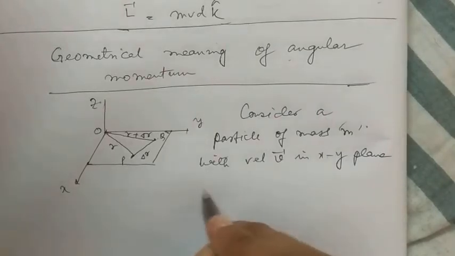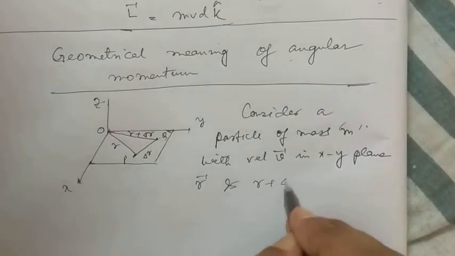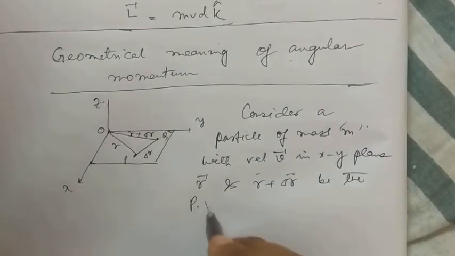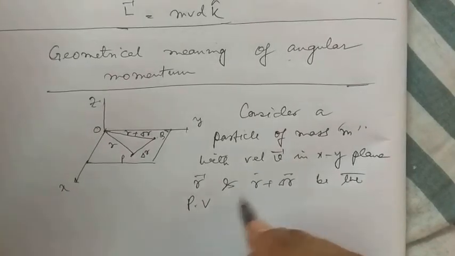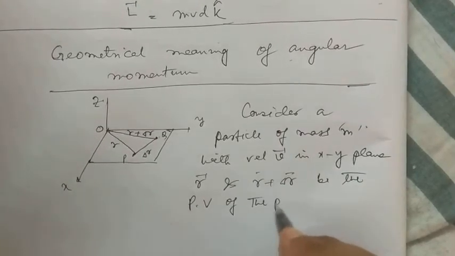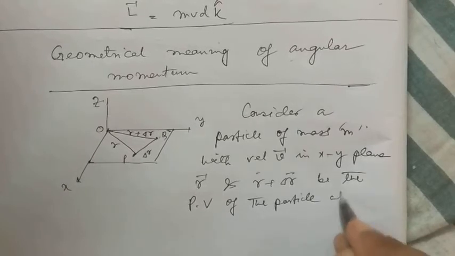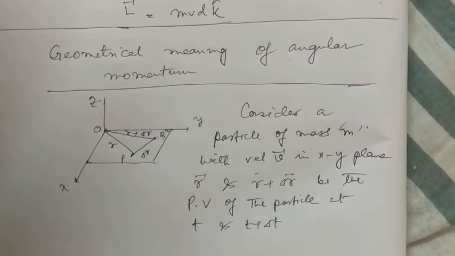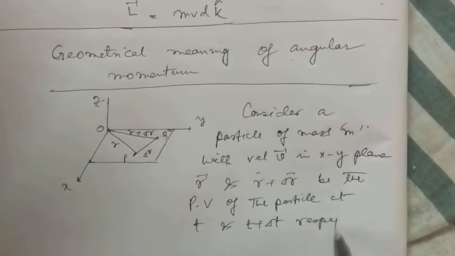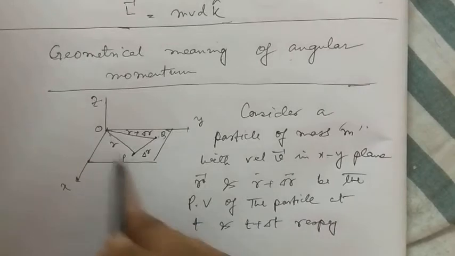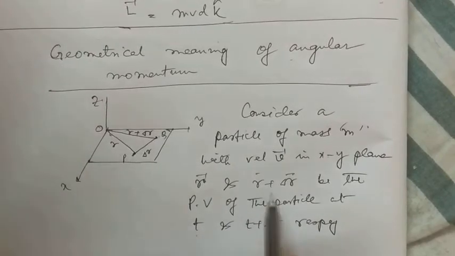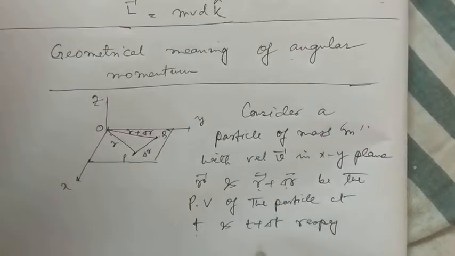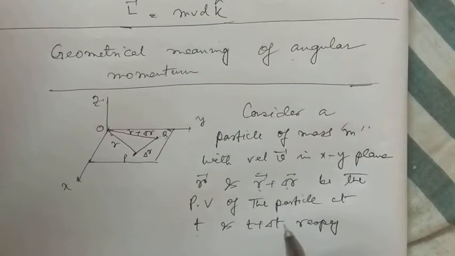Now r and r plus delta r are the position vectors of the particle at t and t plus delta t respectively. That means the position of the particle is r at time t, and the position is r plus delta r, that is at Q, at time t plus delta t.